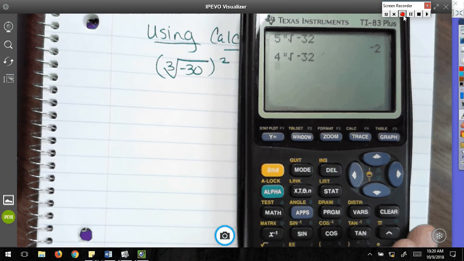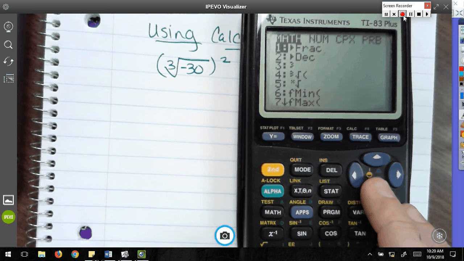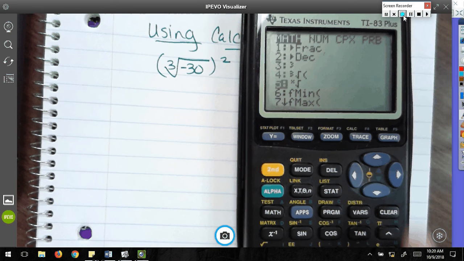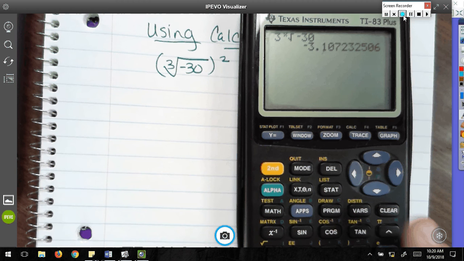I'm going to do 3, math, x root, and then negative 30. Remember, this is an odd root, so I can have a negative under the radical. Hit enter to get that value, and then raise it to the 2nd power. It's approximately 9.65.